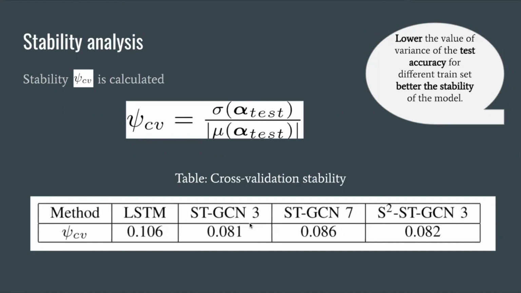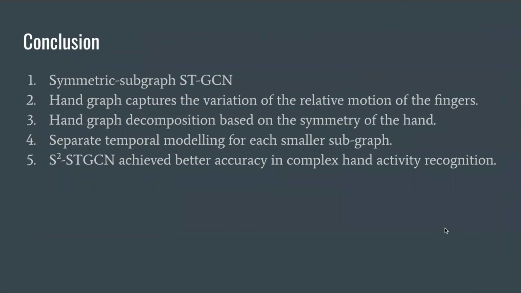We can see that ST-GCN 3 and S2 ST-GCN 3 are showing almost equivalent stability, and we are achieving much better stability than LSTM and also ST-GCN 7. And as I mentioned on the last slide, we are achieving better accuracy as well. So to conclude my work, we are proposing a hand skeleton-based spatio-temporal graph neural network.